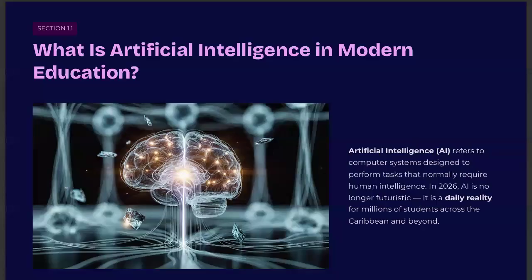AI in modern education refers to computer systems designed to perform tasks that normally require human intelligence. But guess what? You also have to use human intelligence, because you have to process and analyze what information the AI is giving to you. It's not as easy as copying a content and pasting it and that's it.